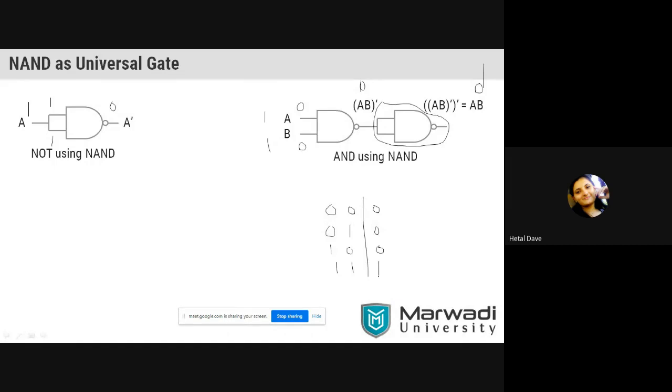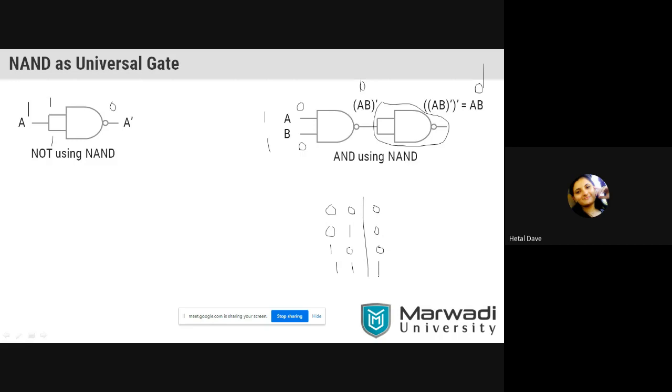So if you don't have an AND gate IC, but you have a NAND gate IC, and you make this kind of connection, then you can easily get the AND gate function. Should I give you two ICs to make this connection, or only one? One.